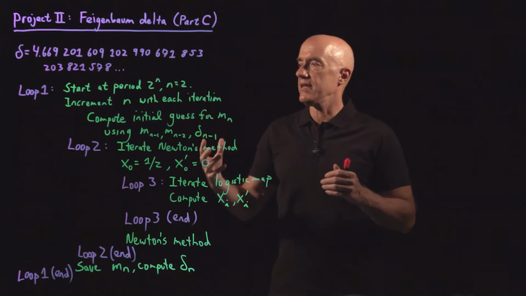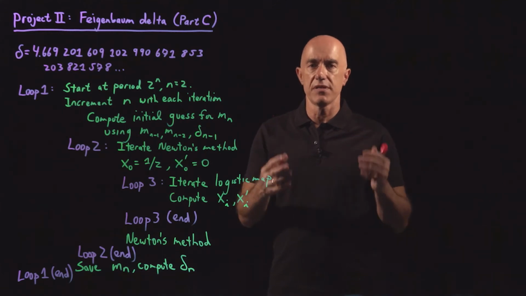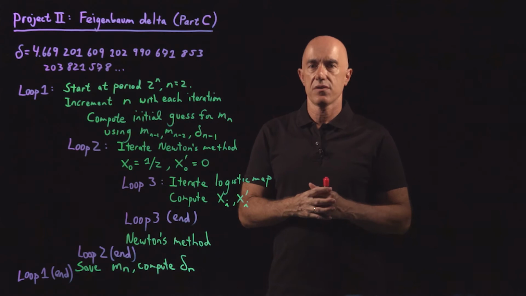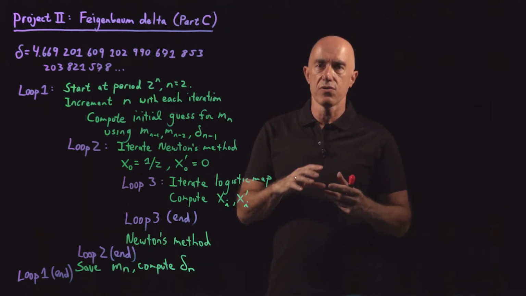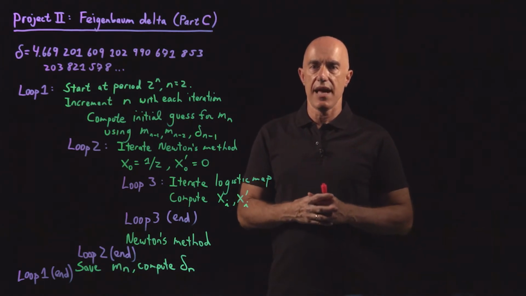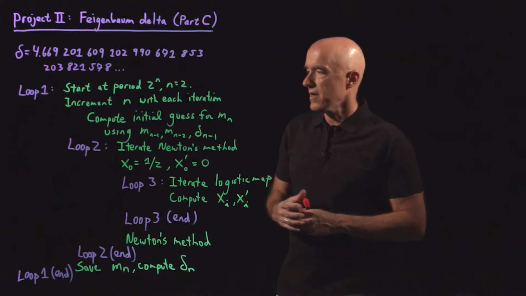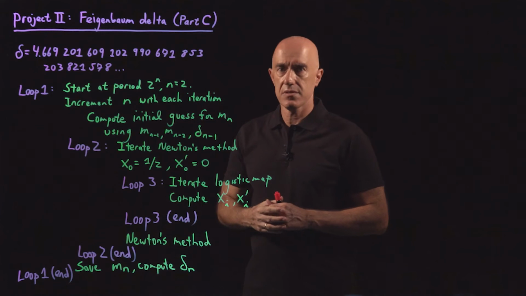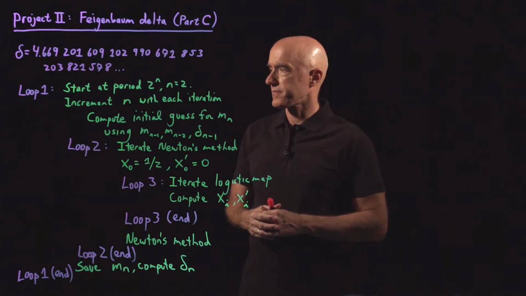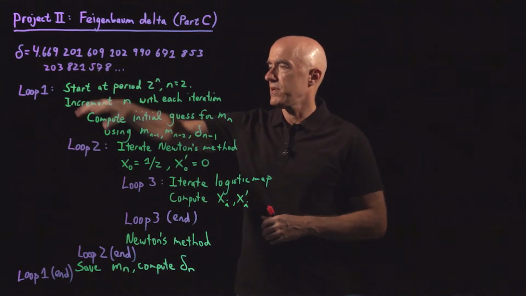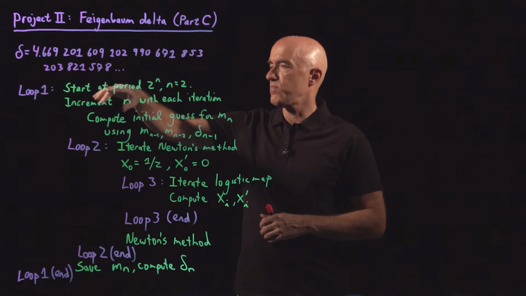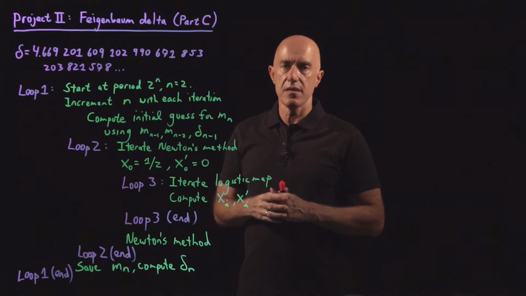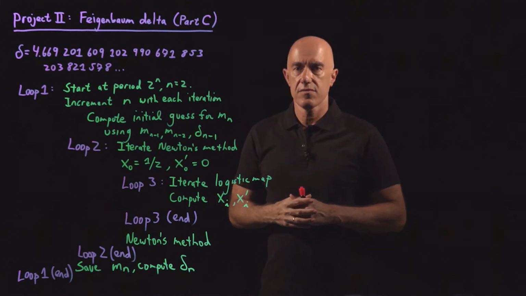Now in part C, let me just briefly discuss the computational engine of the code, the part of the code that will implement the algorithm. So we have three embedded loops. The outer loop is going to loop over the period that we're looking at, right?